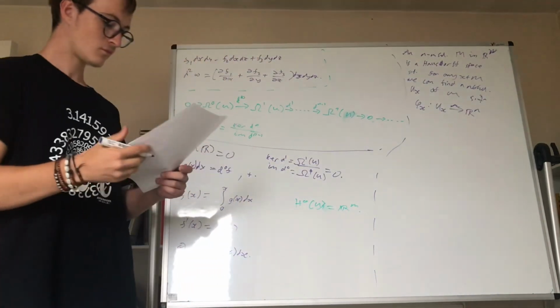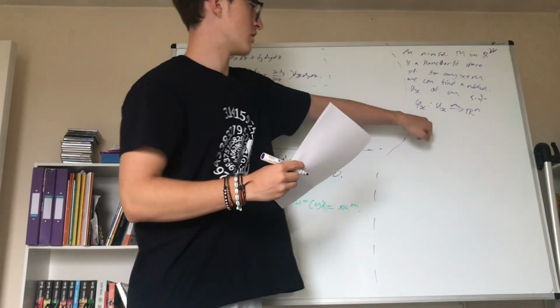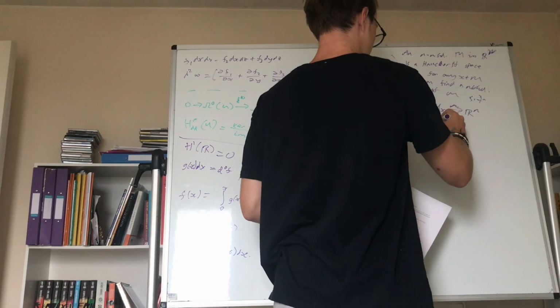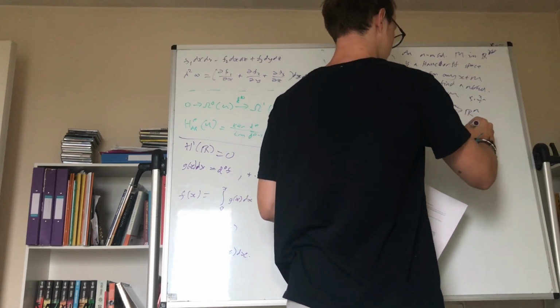And this pair of neighborhood and function, U x, phi x, is called a chart.